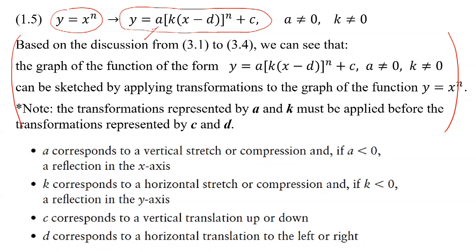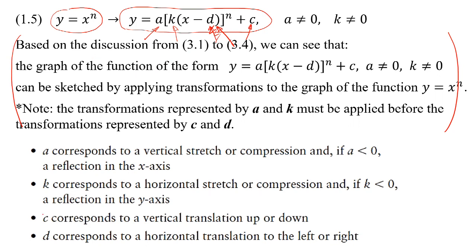The first parameter is a, which enlarges the whole function by a factor of a. The second parameter is k, which is in front of the variable x. The third parameter is c, which corresponds to a translation vertically, right? And the last parameter is d, which corresponds to a translation horizontally.